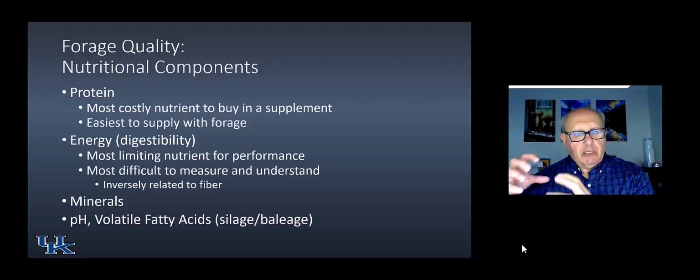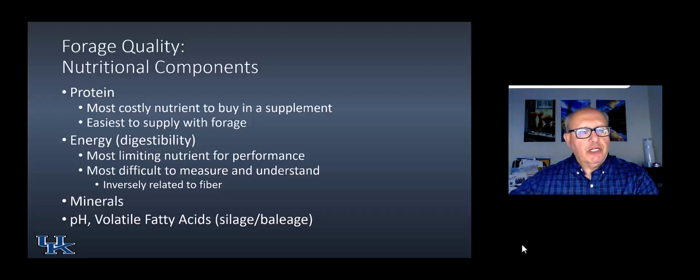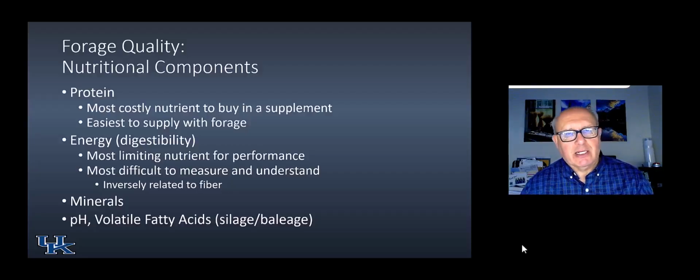This energy component is inversely related to fiber. High fiber, low energy. And other things that we may want to know about are the minerals that are present in forage, and also if we're talking about baleage, we would like to know pH, or the acidity, and the relative amounts, or the absolute amounts of volatile fatty acids, such as lactic acid, acetic acid, and so on.